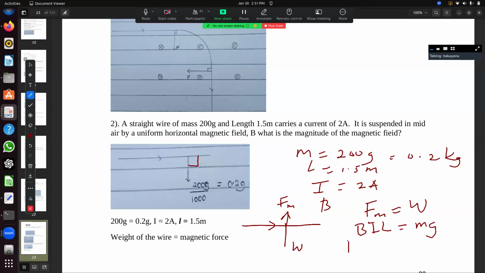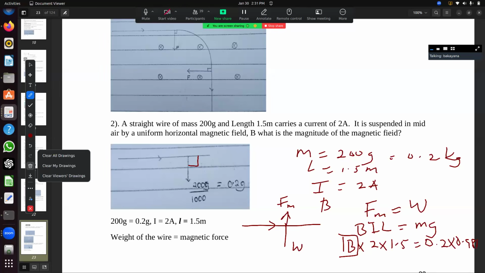So it's simply substituting. The current is given as 2. The length of the conductor is given. The mass is 0.2. Acceleration due to gravity 9.81. So we can get the value for magnetic flux density.